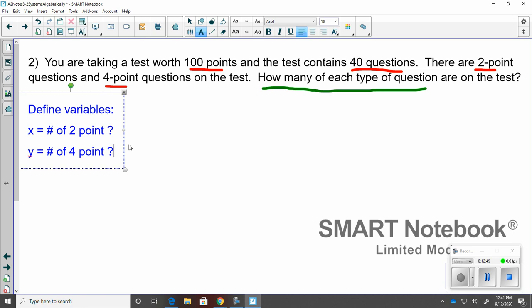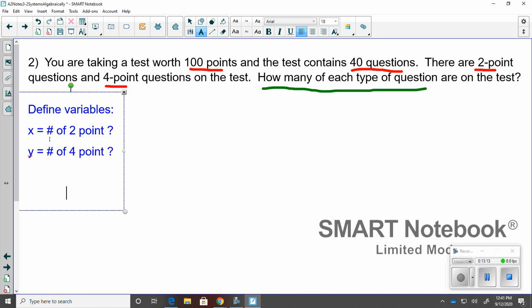So we've read it, we've defined our variables, and now we are ready to set up a system of equations. Based on the first sentence, you are taking a test worth 100 points. If X stands for the number of 2-point questions and Y stands for the number of 4-point questions, we don't know the number of each of these. That's the entire task.